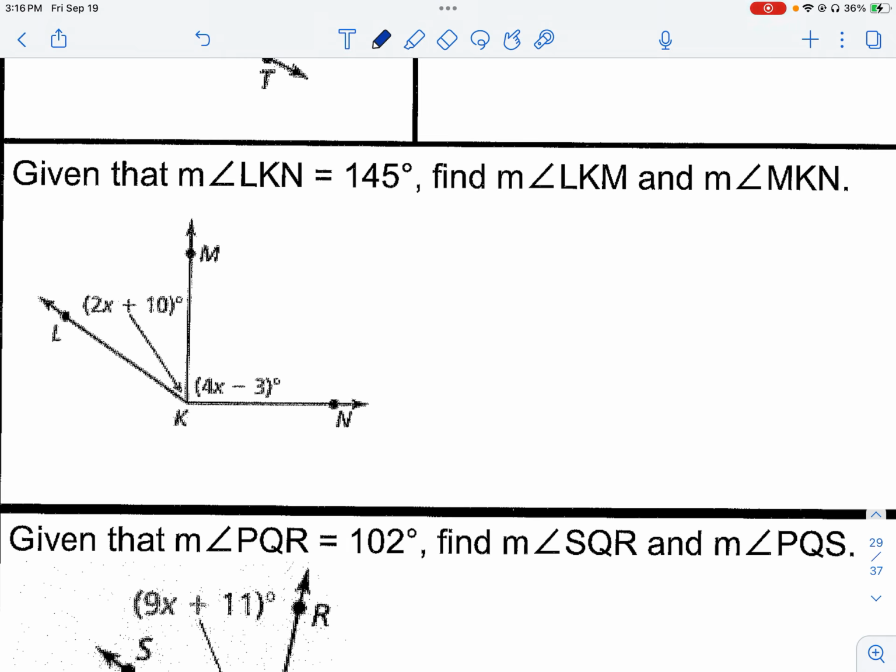So given that LKN is 145 degrees, here's LKN, the measure of LKN. Find the measure of angle LKM right here, and the measure of angle MKN, which is right here.